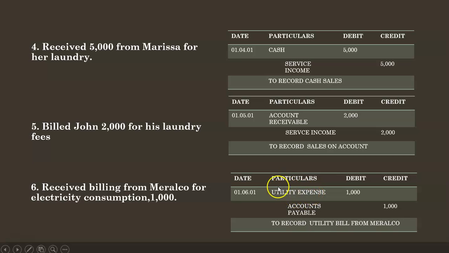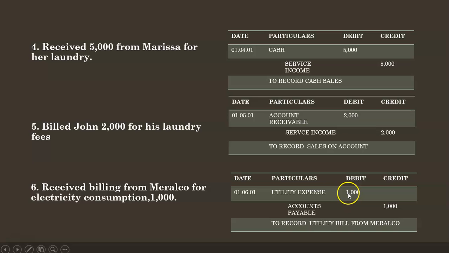We can use utility account title, or if you want, you can use light and water expense. So those two account titles are acceptable. You just use what is convenient to you or what you like. So I want utility expense. This is why I posted here the utility.